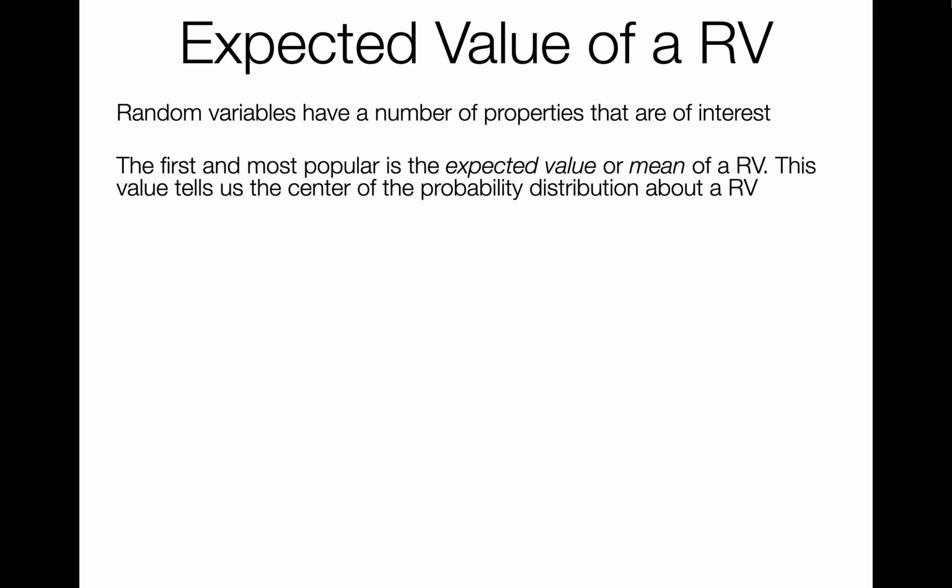If I have a deck of cards, 52 cards, and the game is you walk up to me and you select a card out of the 52 cards, and you have to pay $2 to play the game, and you win $20 if you pick an ace.